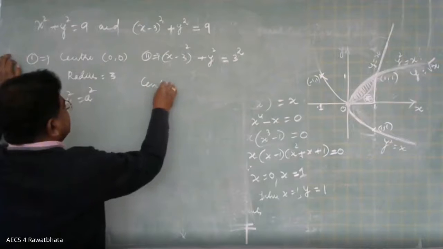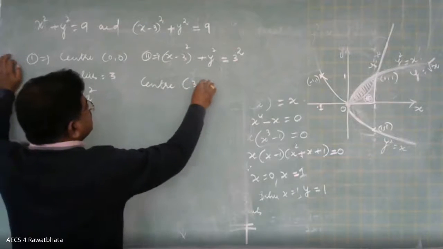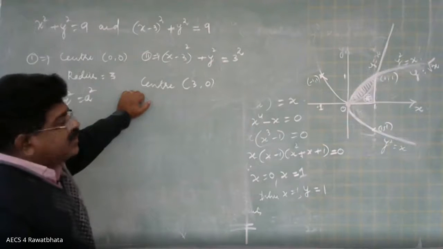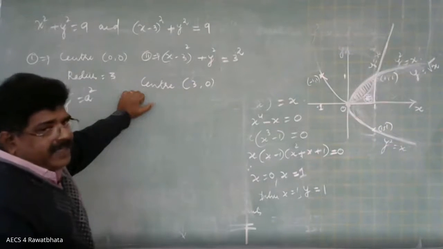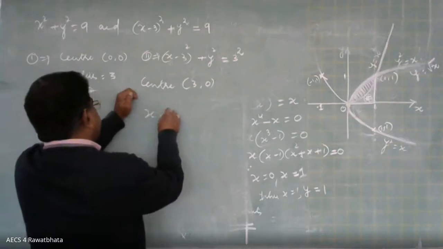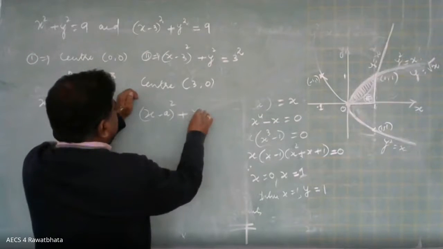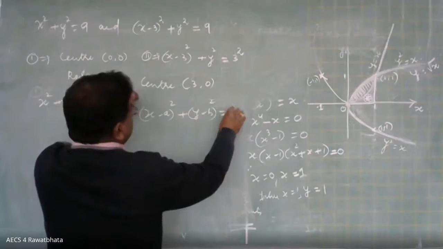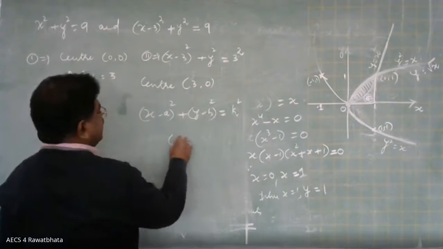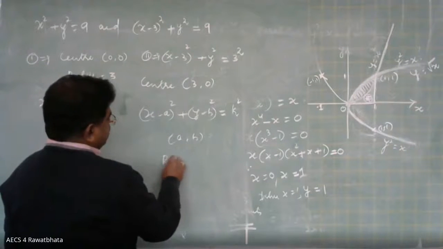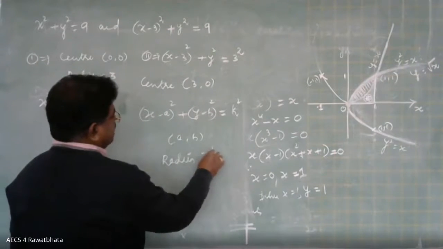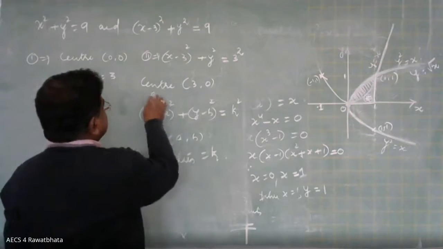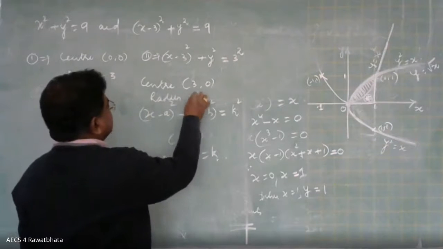Here the center is 3, 0. x minus a the whole square plus y minus b the whole square is equal to k squared means the center is a comma b and radius k. So yours is center 3, 0 and radius 3.